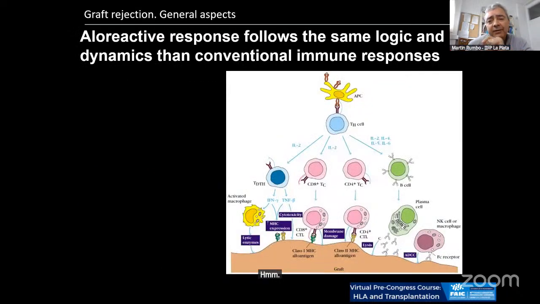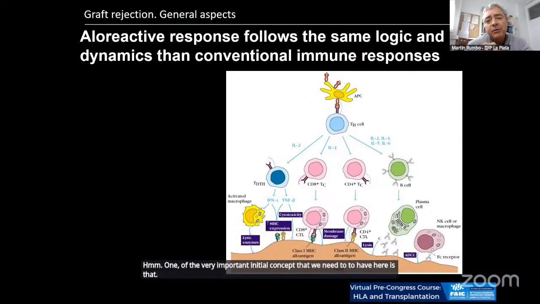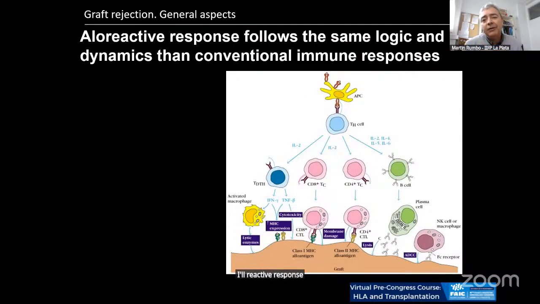One of the very important initial concepts that we need to have here is that the alloreactive response is really a conventional immune response that has some specific rules, but we always need a presentation event, activation of lymphocytes, amplification, and effector differentiation.